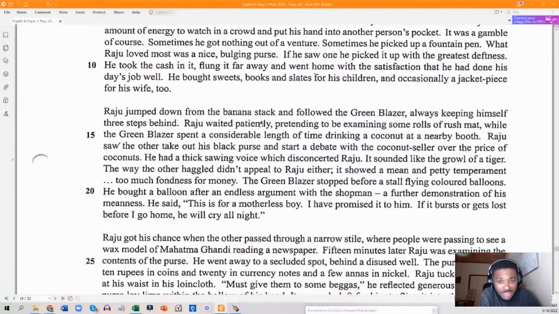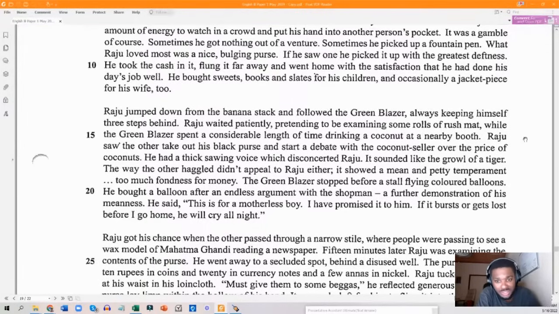Raju jumped down from the banana stalk and followed the green blazer, always keeping himself three steps behind. Raju waited patiently, pretending to be examining some rolls of rush mat, while the green blazer spent a considerable length of time drinking a coconut at a nearby booth.